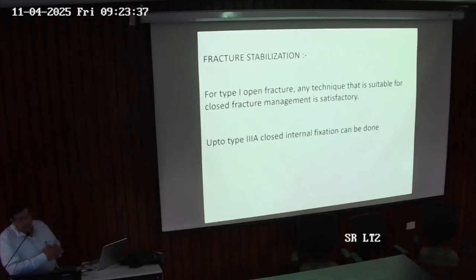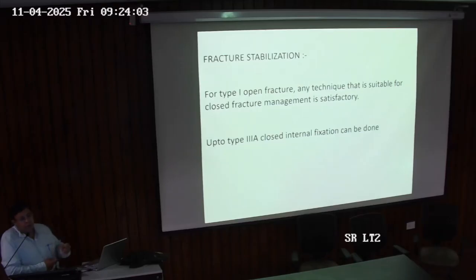Then fracture stabilization. For type 1 fracture, any technique can be taken up. If a small puncture wound is present and clean, or it is inside out, that means the wound is caused by the external movement of the bone.